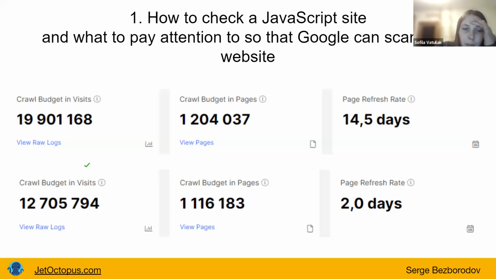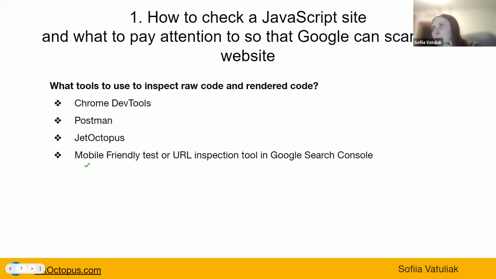Okay, and now I would like to share some tools. I guess that you know how to see raw code and rendered code and the difference. But I'd like to share it again, about tools, because we have a question of how to check a JavaScript website.